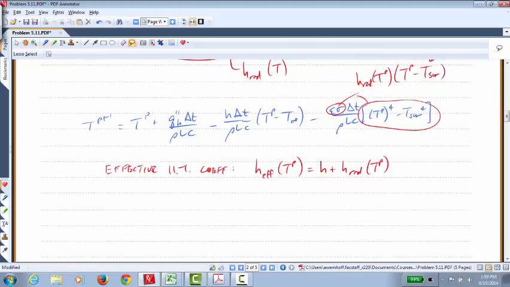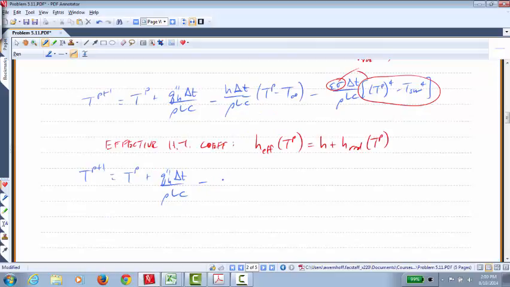What this does is allow us to simplify the above expression as follows: T to the p plus 1 equals T to the p, plus q double prime h delta t over rho LC, minus h effective at time step p times delta t over rho LC times (T at time step p minus T infinity).